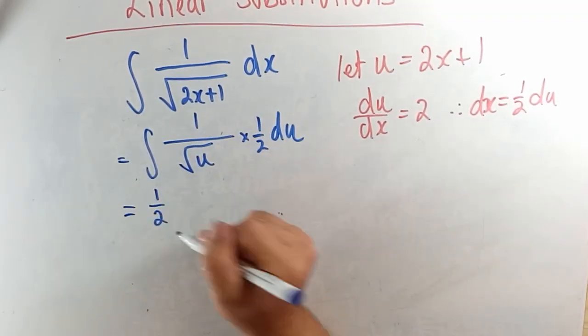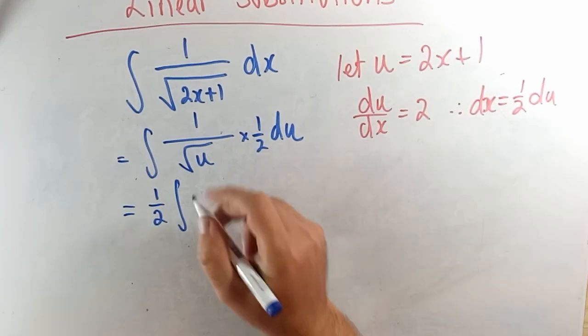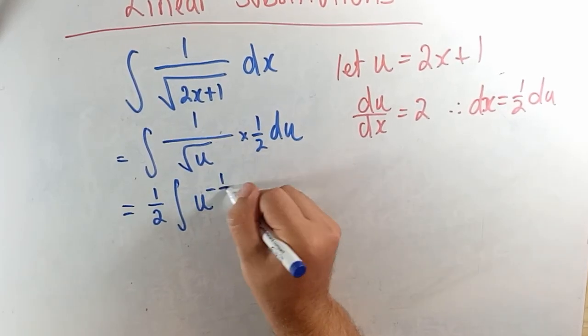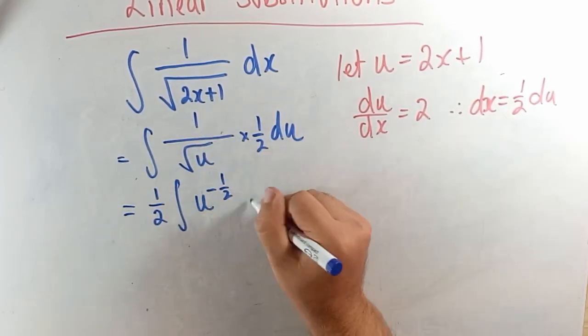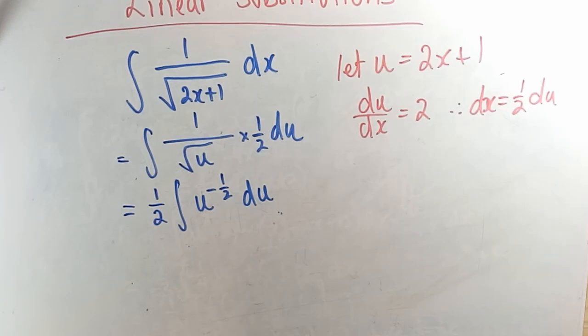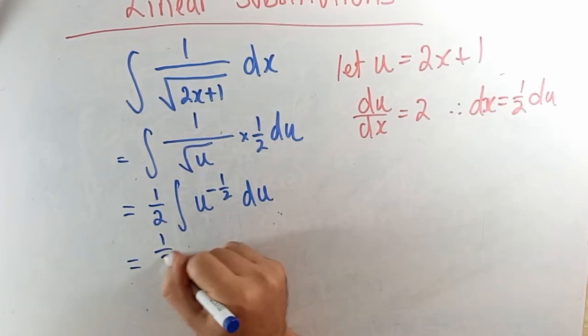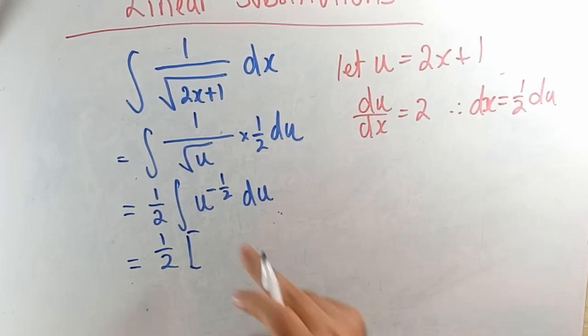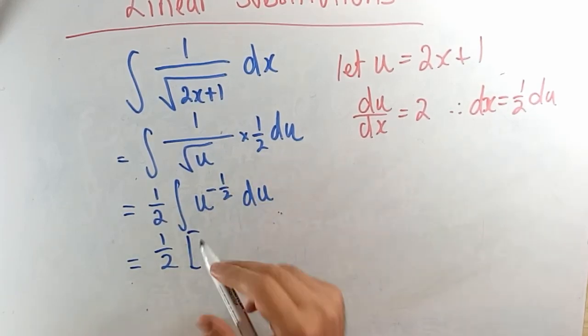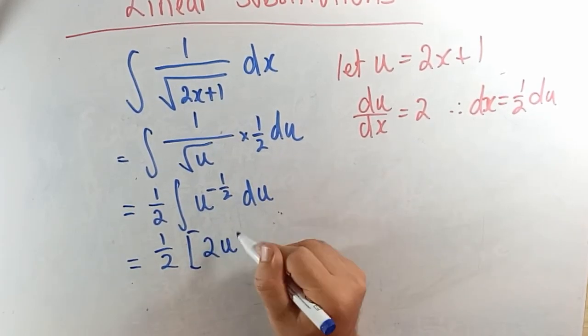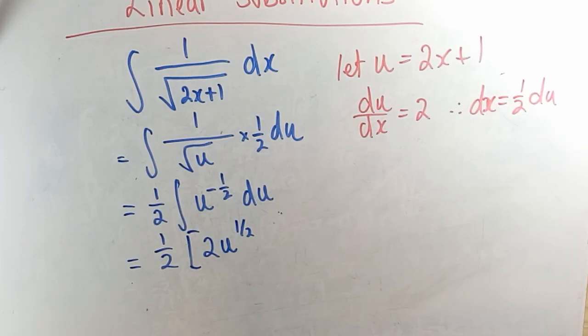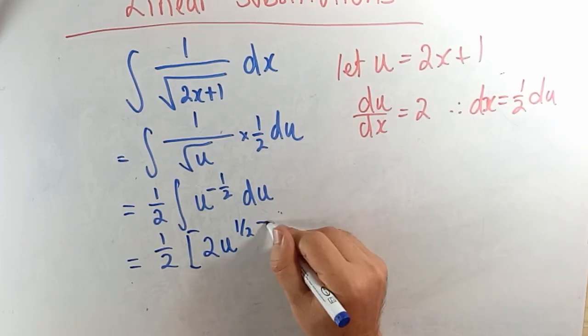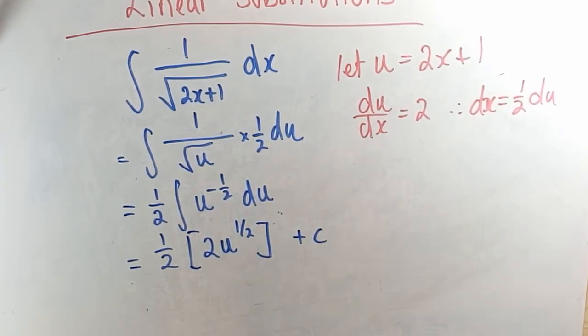Let's rewrite it in an easier way for integration. So u to the negative 1/2, that's a square root, du, with the 1/2 out the front. Add 1 to the power, divide by the new power, and we end up with 2 u to the 1/2. Let's put our plus c out the front this time, then I don't have to change it to a d.